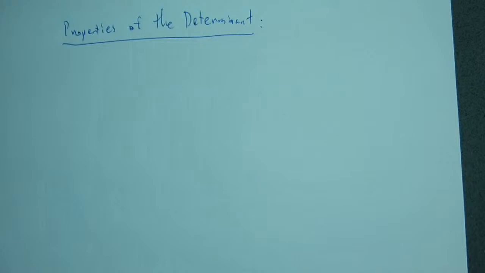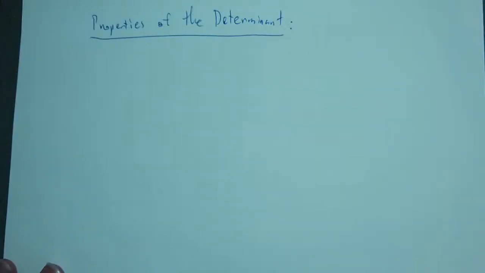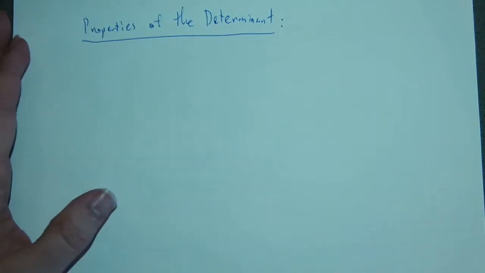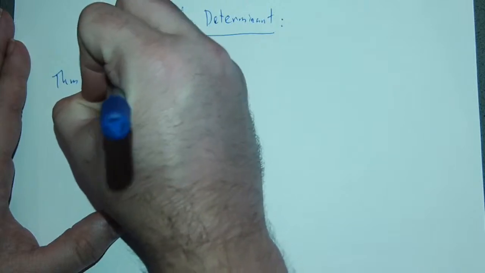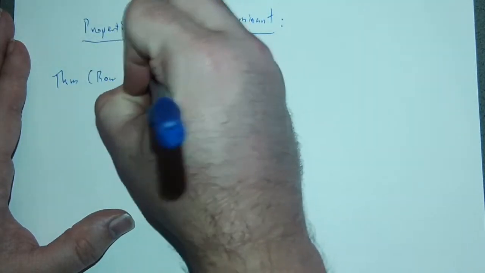First thing, it was asked last lecture, what is the effect of row operations on the determinant? That's a good question, because to answer that fully, we have the following theorem. So this is row operations.